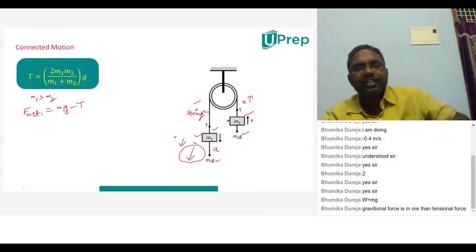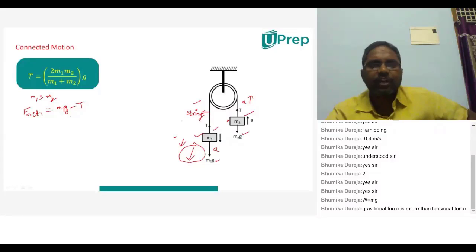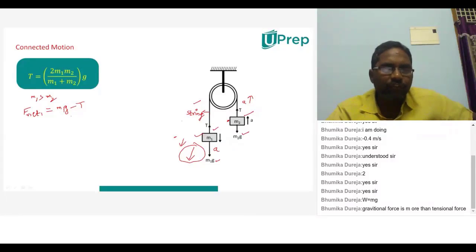If both are acting in the same direction, we have to write plus. So F net is equal to M1g minus T, and force F, you already know, I am writing like this: M1a is equal to M1g minus T. I am writing this as equation number 1.